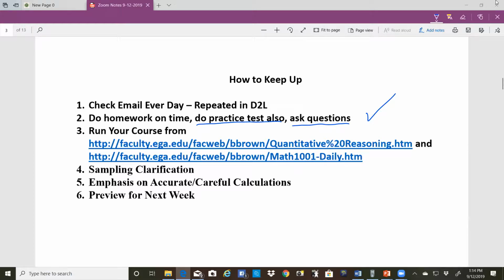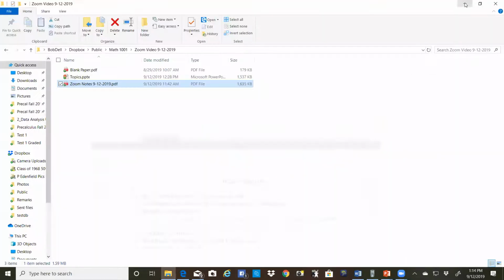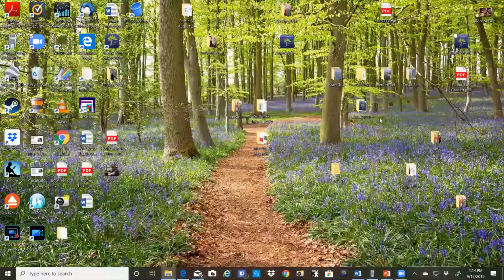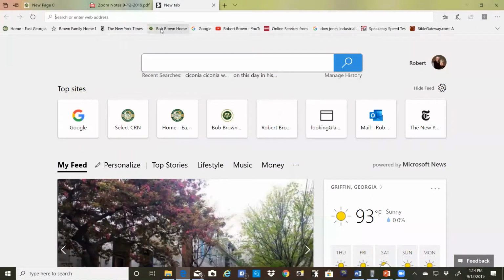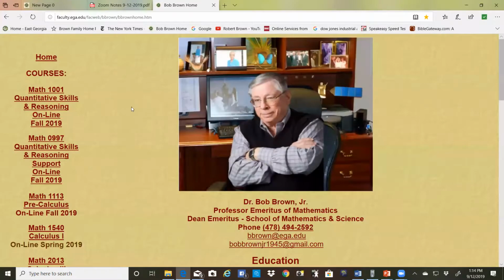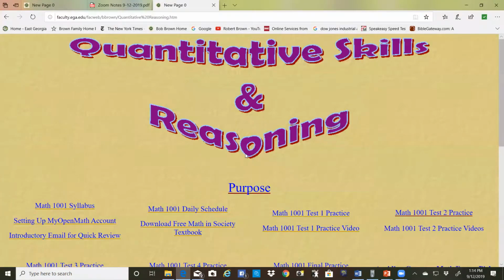There were some students that weren't sure where to go to see everything. And to tell you the truth, I would do this to run the course. You don't have to go to my homepage, but that's one way to get to it. You could bookmark this, but bookmark the quantitative skills and reasoning homepage.